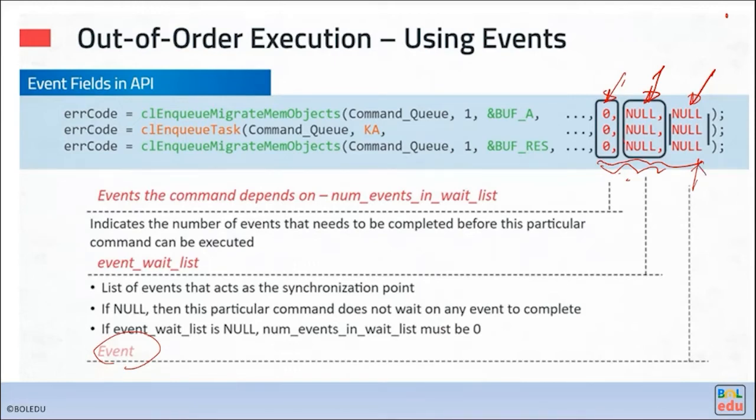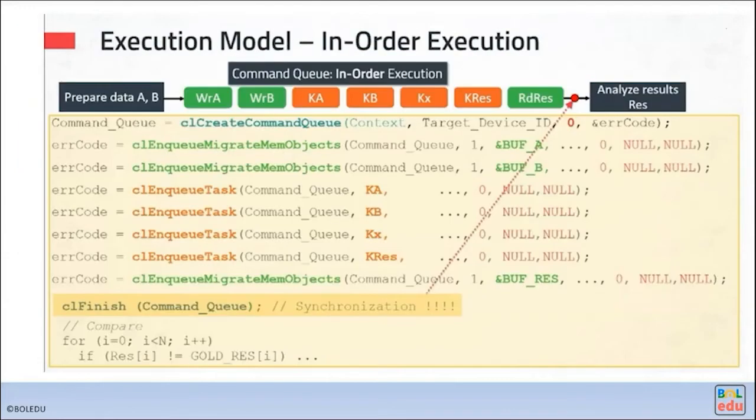Okay, let's take an example here. In this example, the command queue was created with the argument 0 here. That means it's in order. If it's in order, then the XRT simply executes the commands as you specify them.